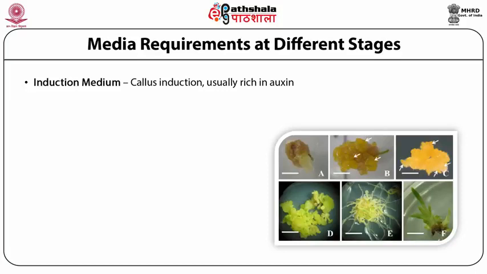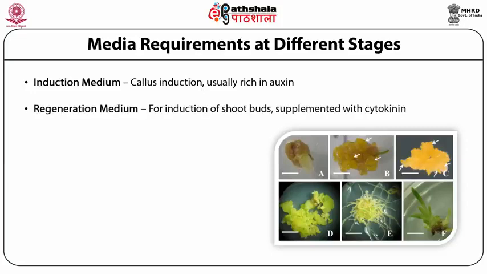It's not that every callus piece is to be transferred; you can carry out this activity simultaneously. When you are identifying conditions, a part of the callus is transferred to the so-called regeneration media. Now this regeneration media is usually rich in cytokinin.